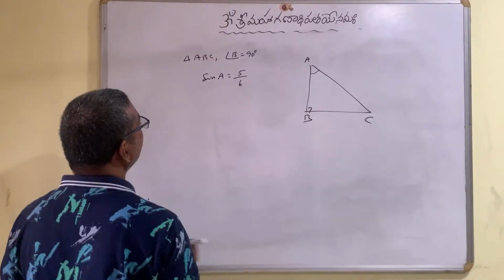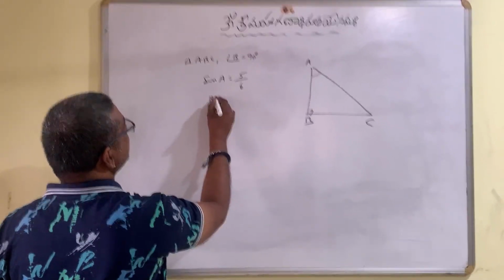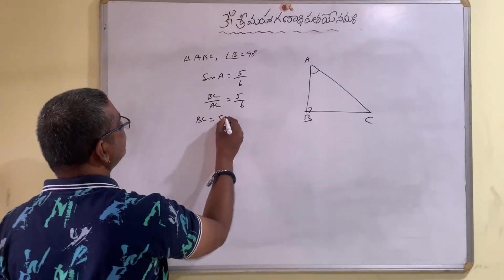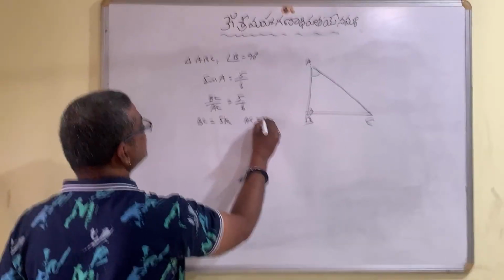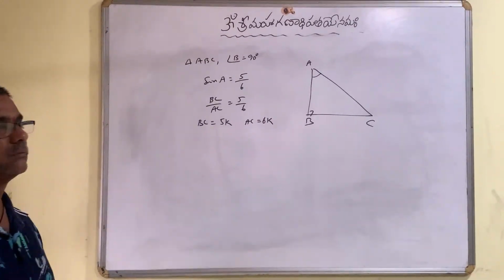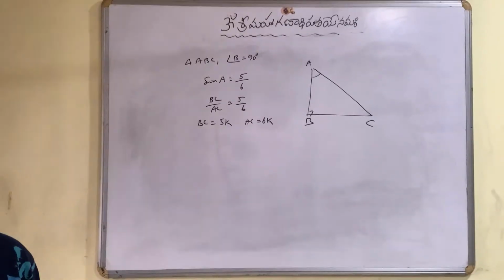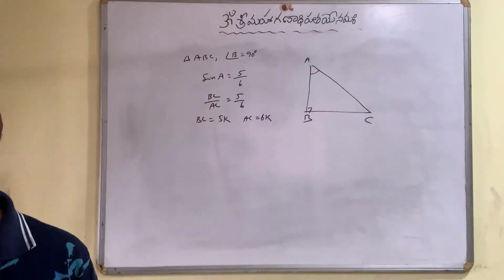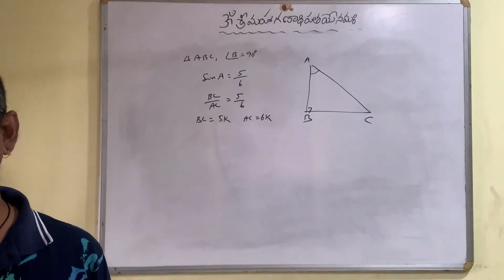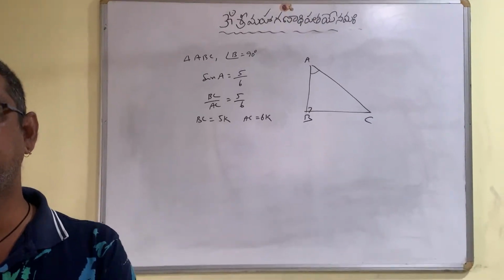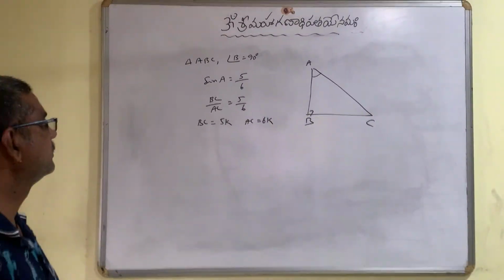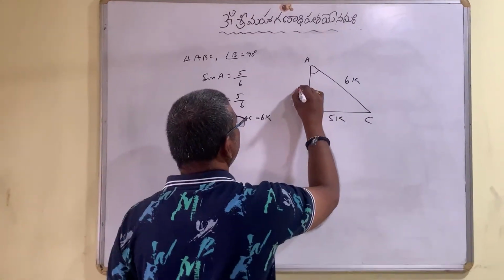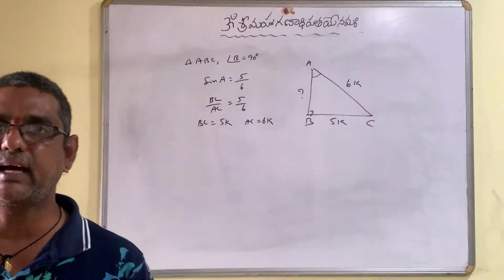Sin A, we know it is BC by AC is 5/6. So consider BC as 5K and AC as 6K, where K is a common factor for both the numbers. So this will be 6K, this will be 5K, and we need to find out this one using Pythagoras theorem.